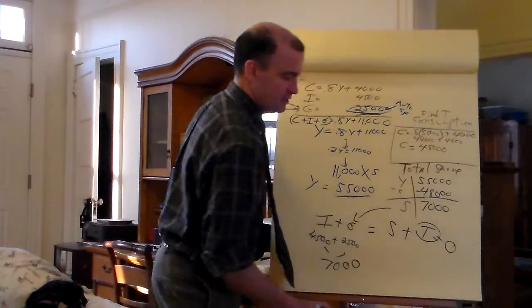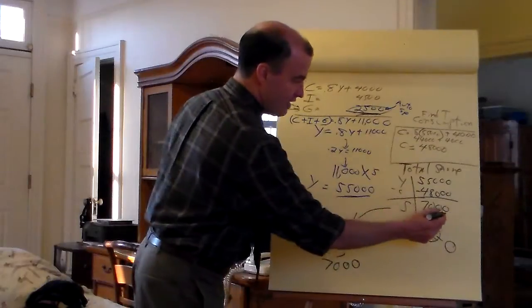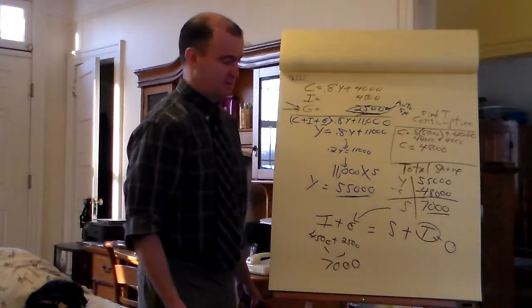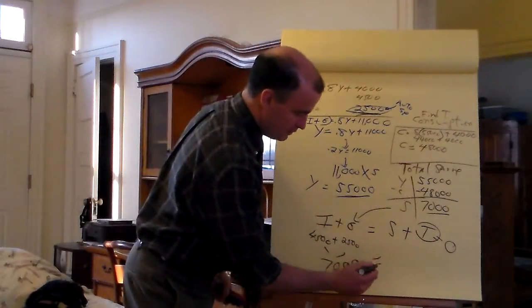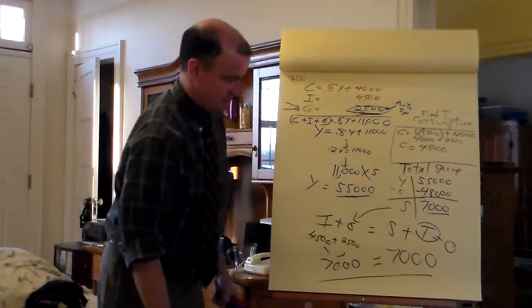Read my lips. No new taxes. Taxes is 0, which means the saving had better turn out to be, well, lo and behold, it's equal to what? 7,000.